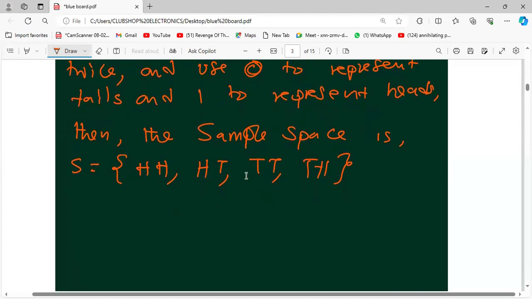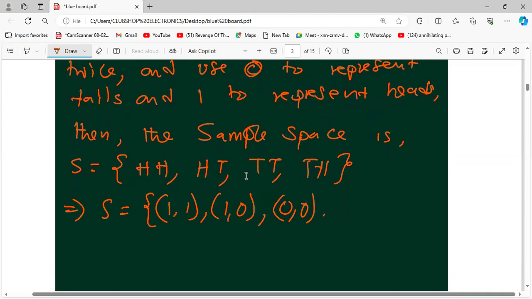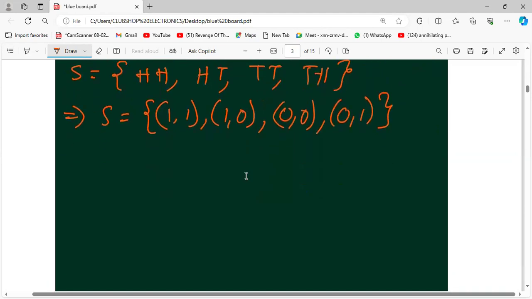Now, typically, we use 0 and 1, so this is 1,1, 1,0, 0,1, and 0,0, right? Now, graphically, we can represent this as, okay?